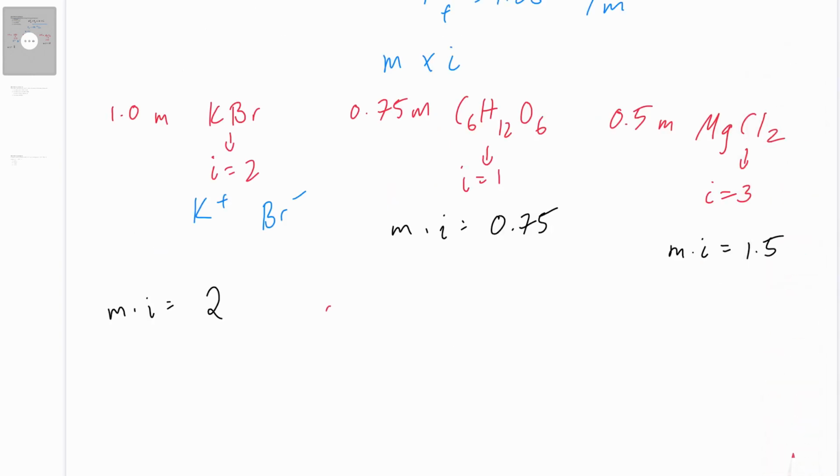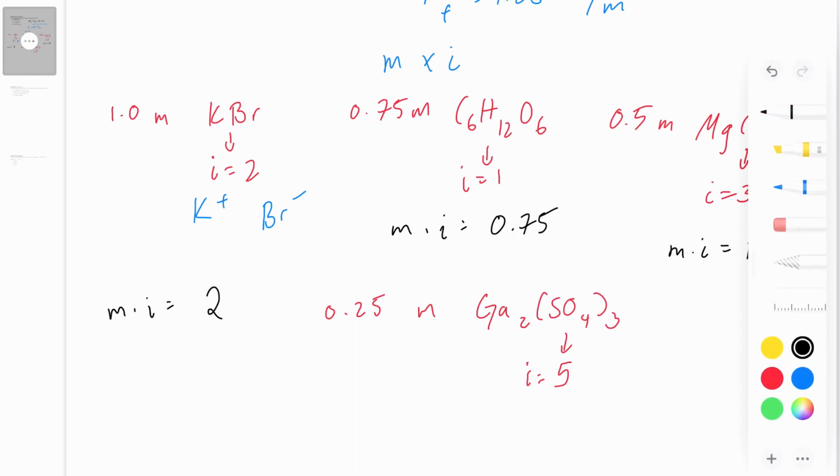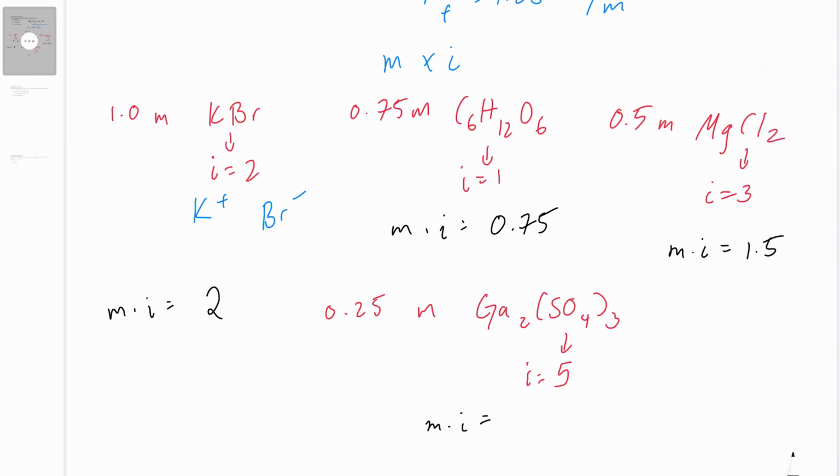The last one is 0.25 molality Ga2(SO4)3, which is a strong electrolyte, so it's going to have a Van 't Hoff factor of 5. It's going to dissolve into 2 gallium ions and 3 sulfate ions. So its M times I value is going to be 1.25.